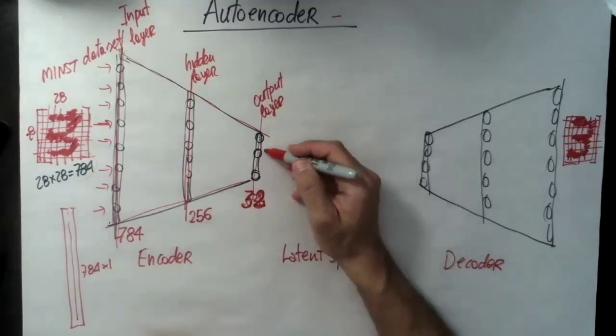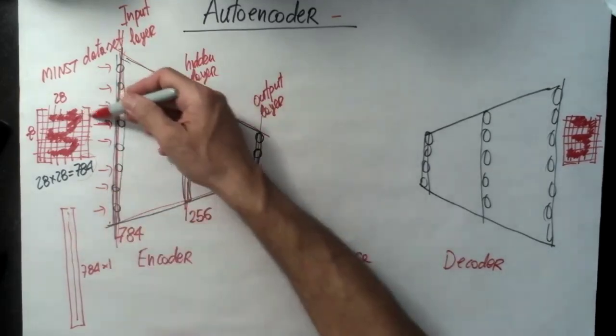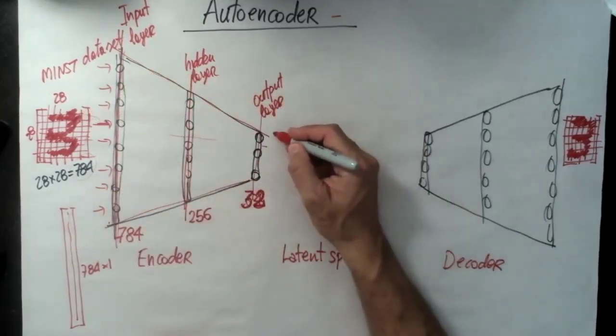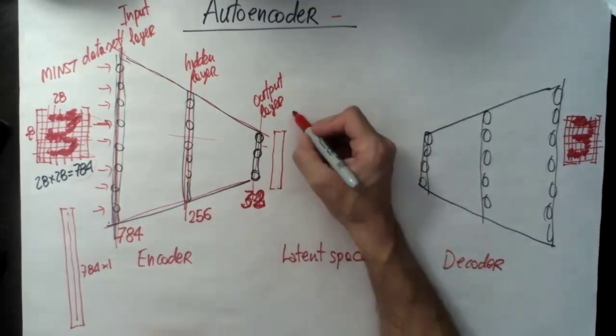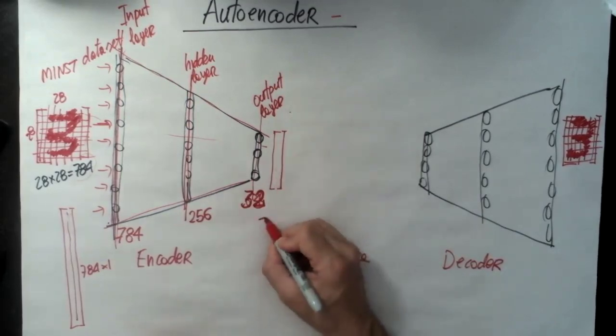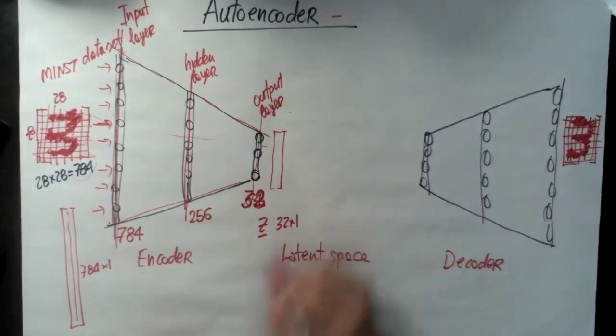And what happens is that the input, which is basically this huge vector, after it goes through the neural network, we will end up with this latent vector Z, which is of dimension 32 times 1.